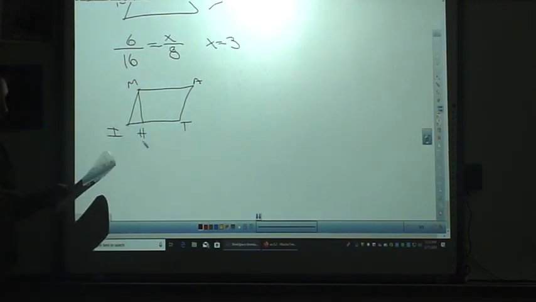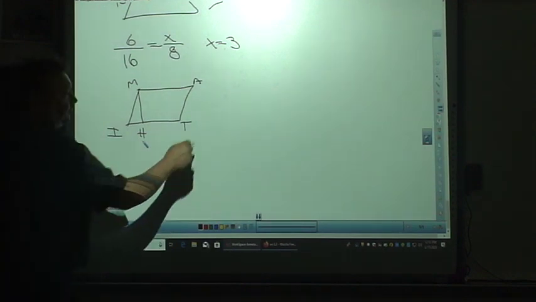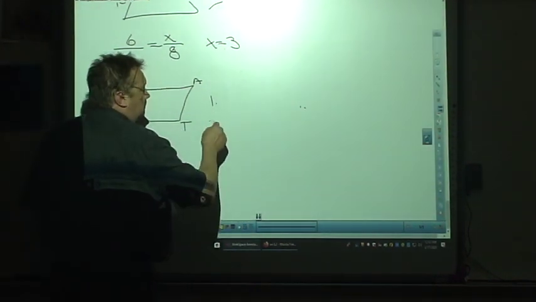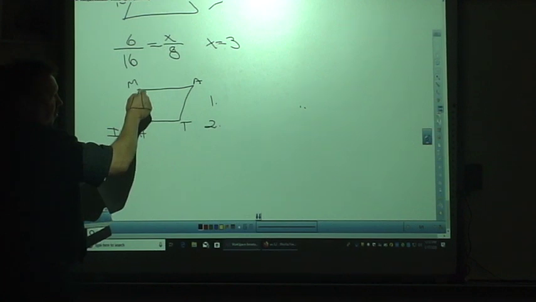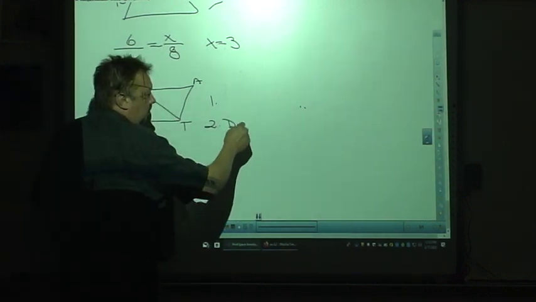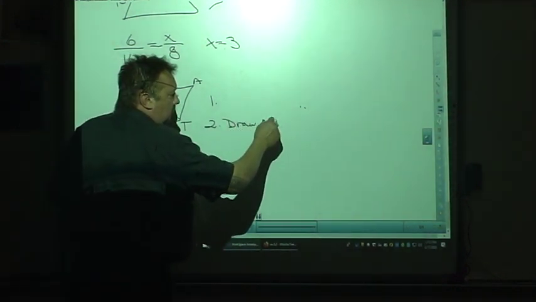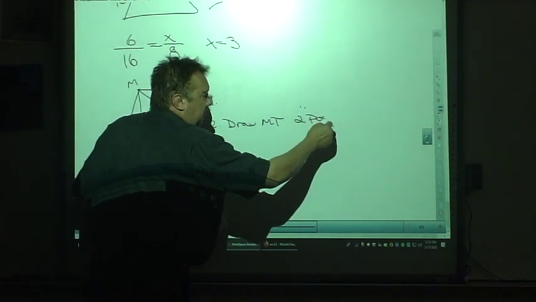Start with our given, obviously, is that we have the altitude and the base. I'm going to start by drawing MT, which is postulate 1.